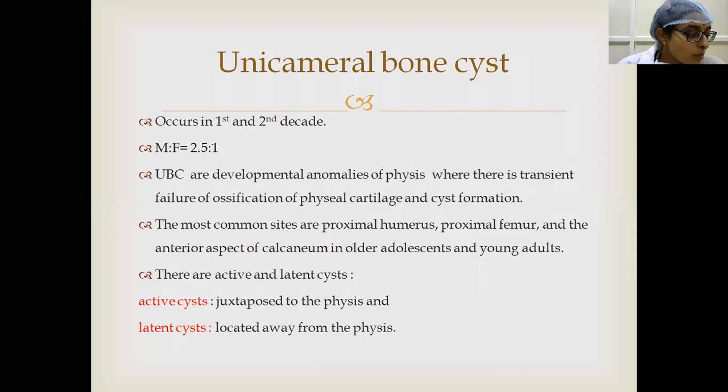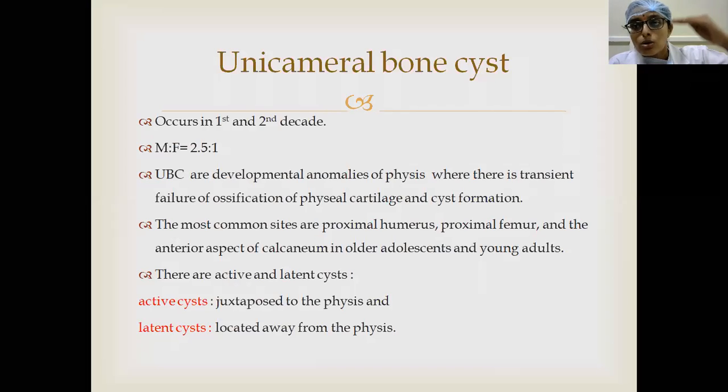Coming to the unicameral bone cyst, it is most commonly seen in the first 2 decades, with male preponderance. And please remember that one of the hypotheses for development of UBC is a developmental anomaly of the physis, where there is transient failure of ossification of physeal cartilage, and as a result there will be cyst formation.